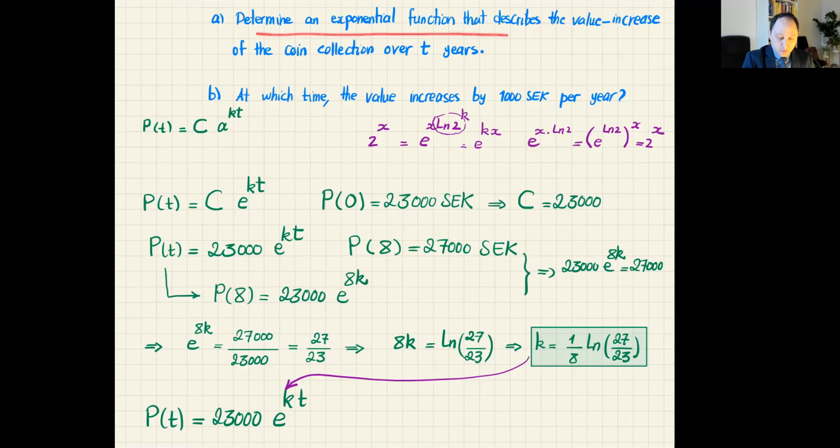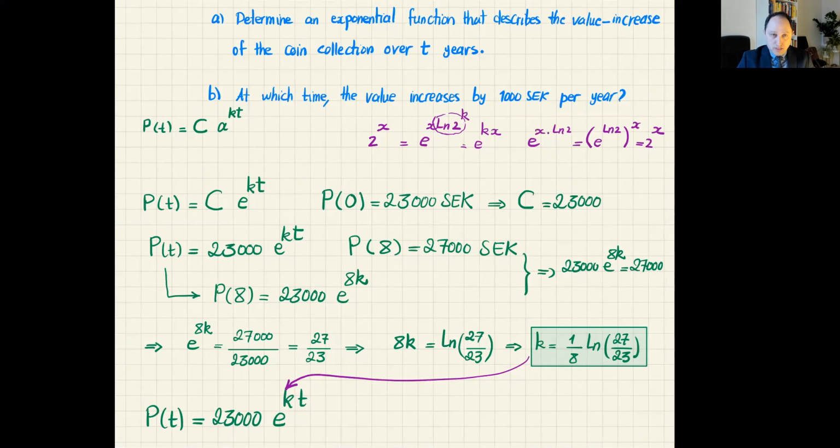Determine an exponential function that describes the value increase of the coin collection over t years. This is this, where k is exactly this number here. Okay, now let us go to part B. In part B, at which time the value increases by 1,000 crowns per year? So how do you interpret this?